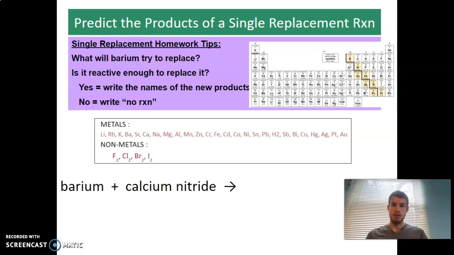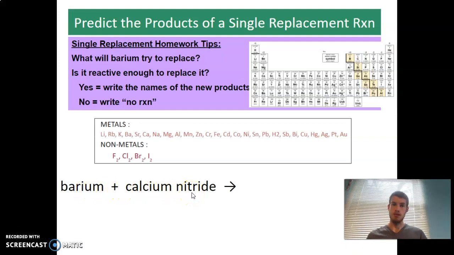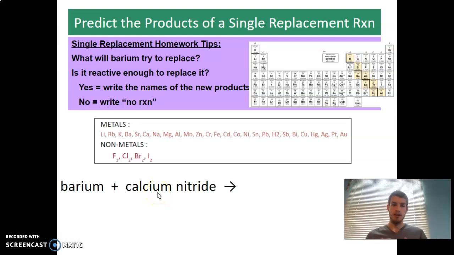All right, so let's take a look at another example and see if we can figure it out. So you can see at the bottom we have barium and calcium nitride. Those are our two things being added together. We have barium as the single element, calcium nitride as the compound, and our job is to see if this reaction can take place.